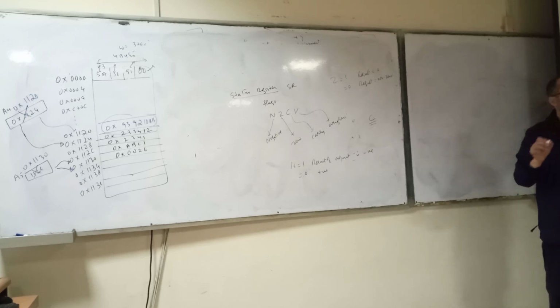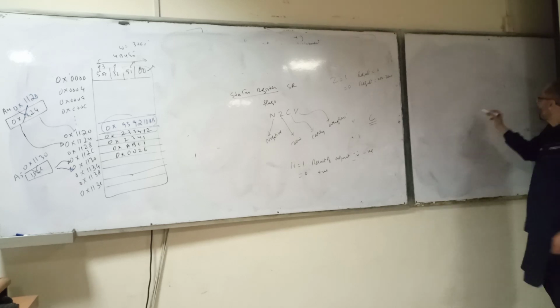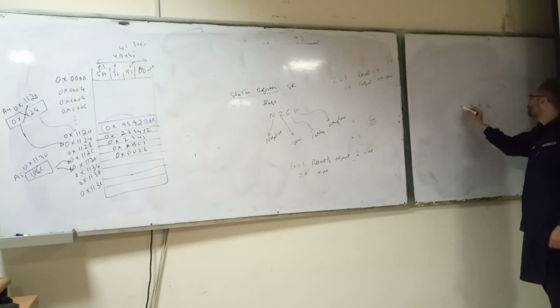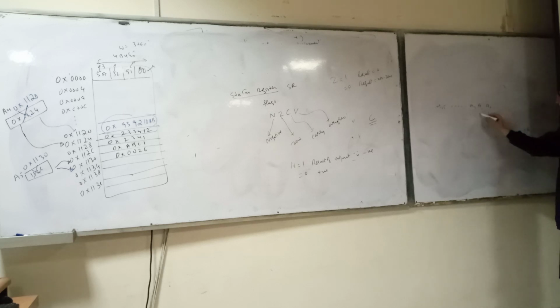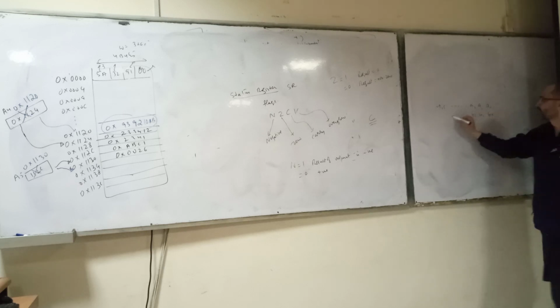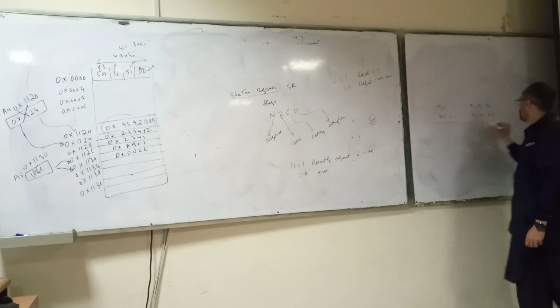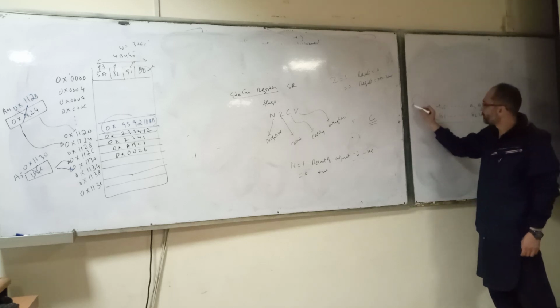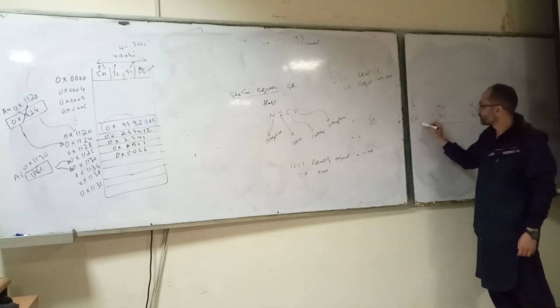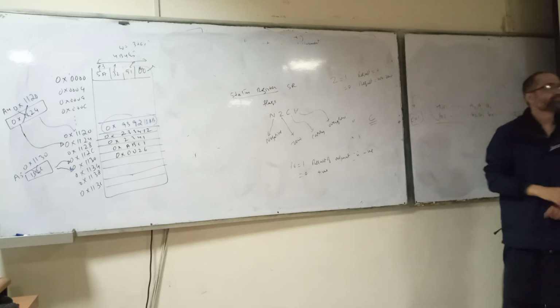We have two operands A and B. A goes from A0, A1, A2 up to A15, then B0, B1, B2 up to B15. When you add these and there is a carry generated from here, it is called C equal to 1. So the carry will be 1.